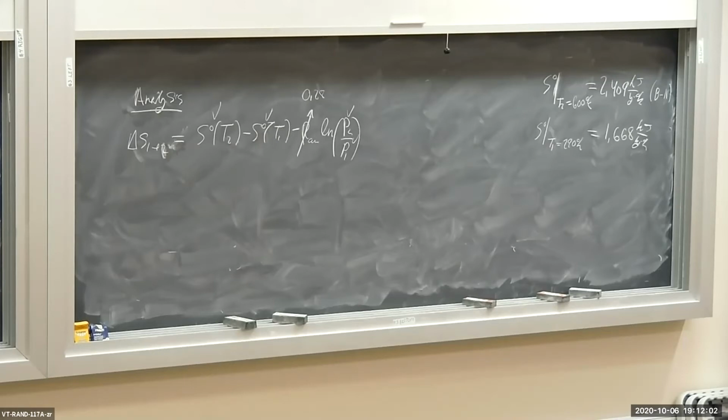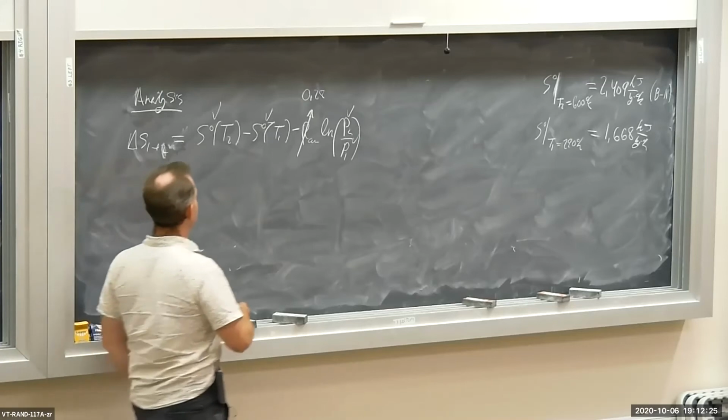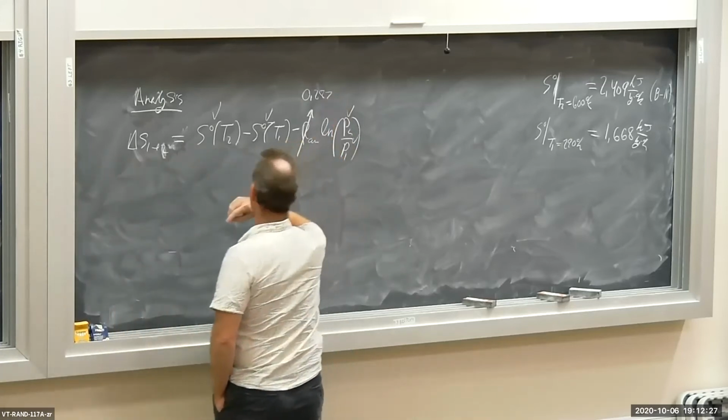Just better make sure. 8.314 divided by 28.97. 0.287, yes. Okay, kilojoules per kilogram degree Kelvin.